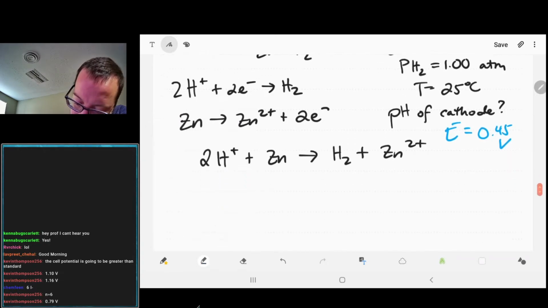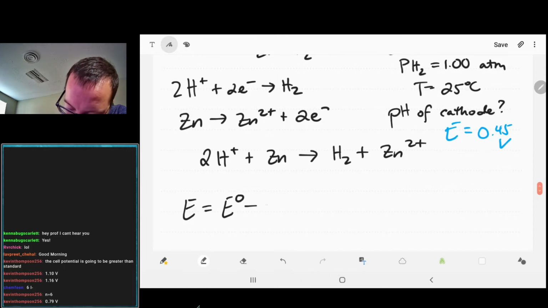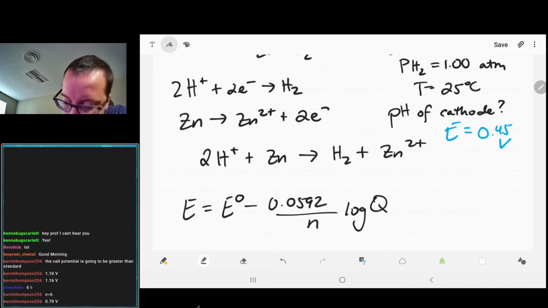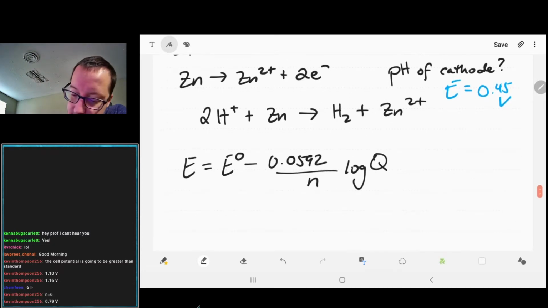So let's plop out our Nernst equation as always. All right, so we know we have 0.40. Actually, let's calculate E cell.